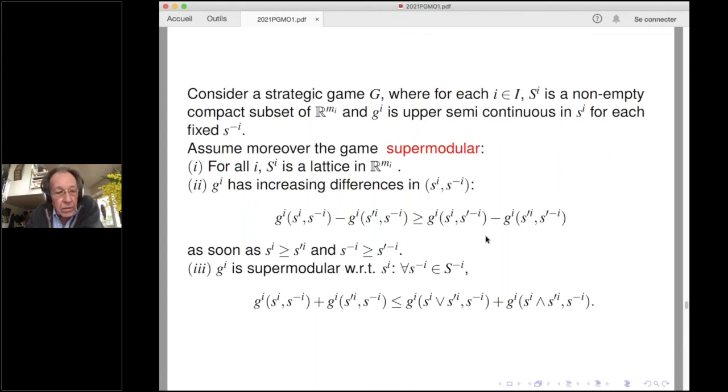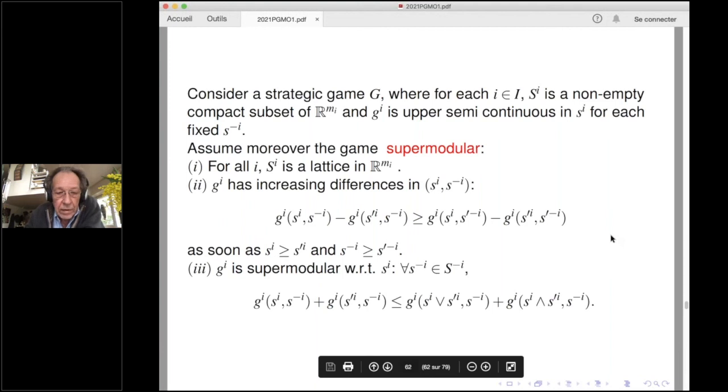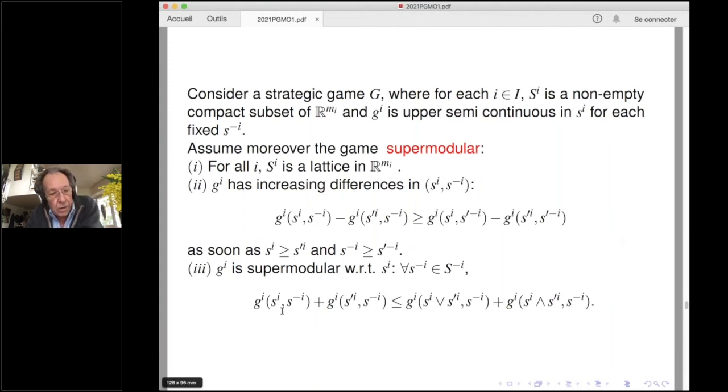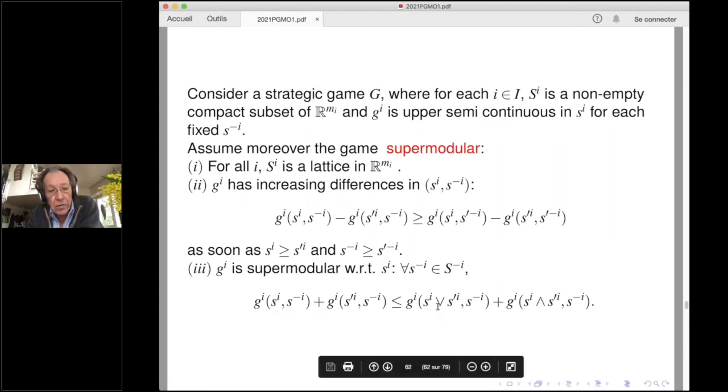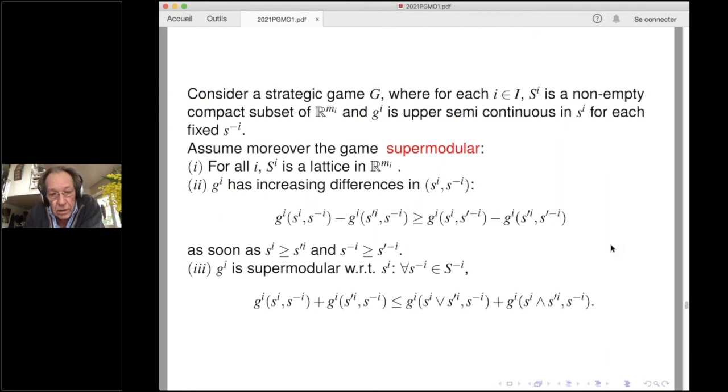So it's better for you if you are facing somebody who is greater. And G is supermodular, meaning that you have this property: you fix the strategy of your opponent and you compare two strategies s_i and s_i' by looking at the min and the max. These are natural properties in a lot of models in, for example, industrial organization.